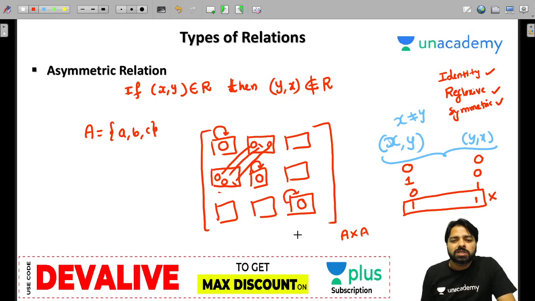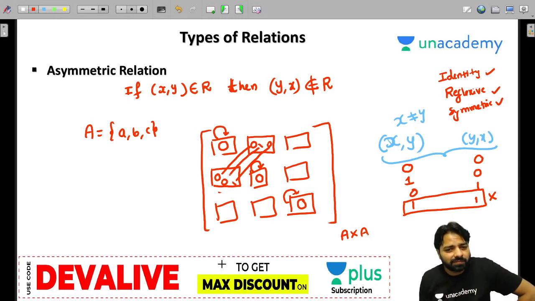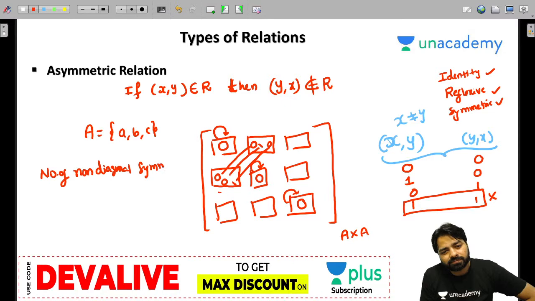Clear, everybody? So how many non-diagonal symmetric combinations do you have? Because I want to find the number of asymmetric relations. First I am trying to write the number of non-diagonal symmetric combinations. Anyhow, for diagonals you don't have a choice.